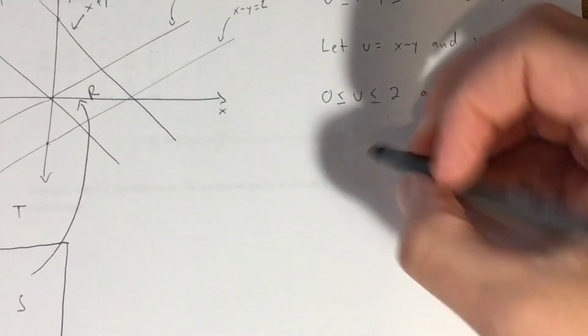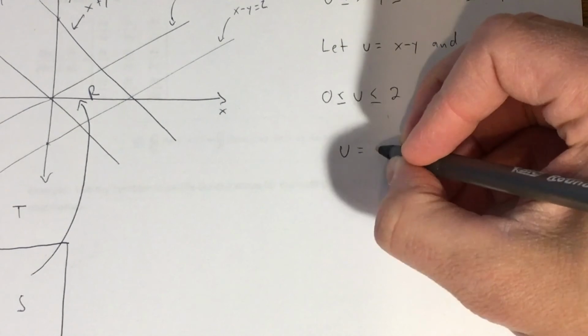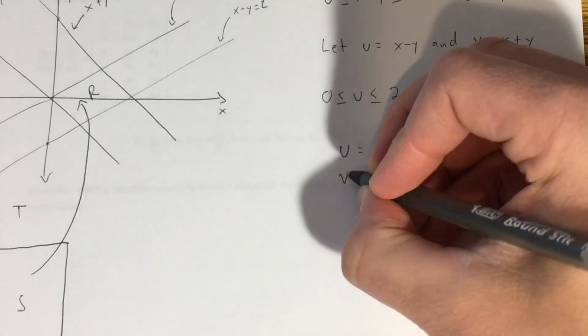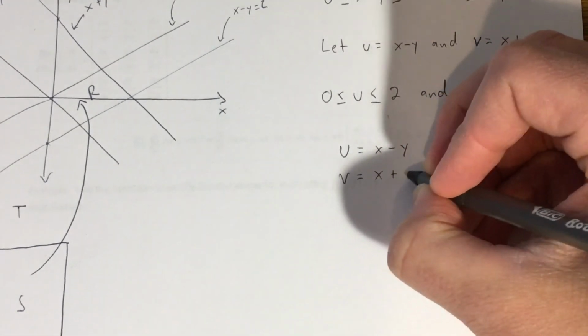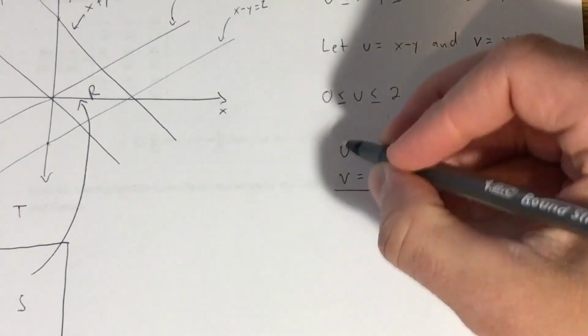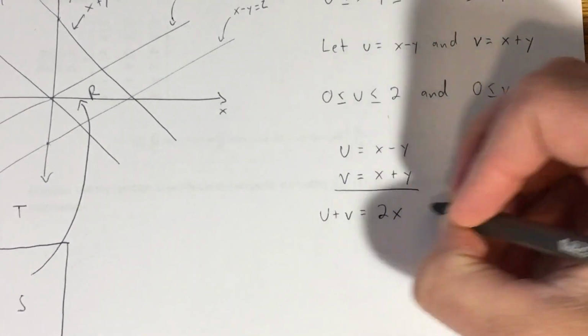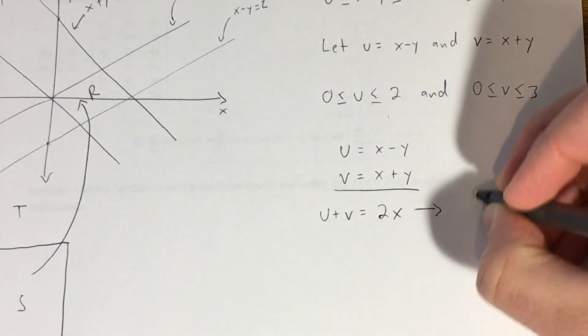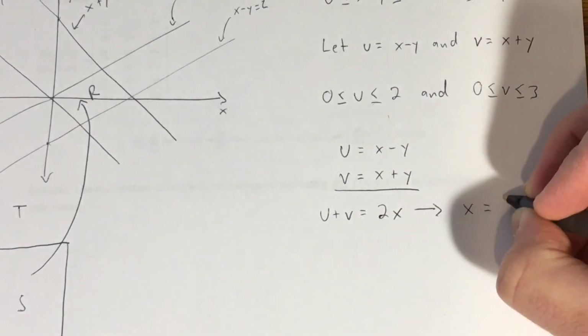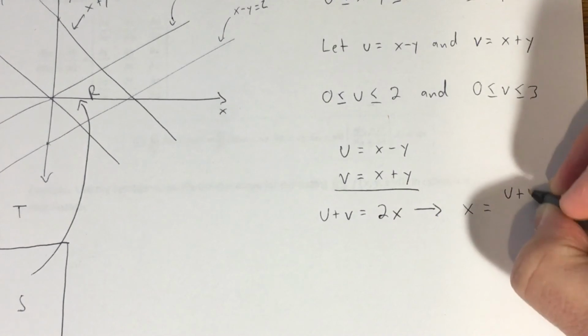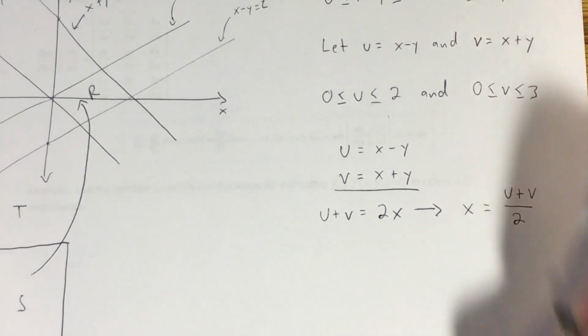So if I set these up, u equals x minus y, v equals x plus y. If I add, I get u plus v equals 2x. The y's cancel. This leads me to x equals (u plus v) over 2.